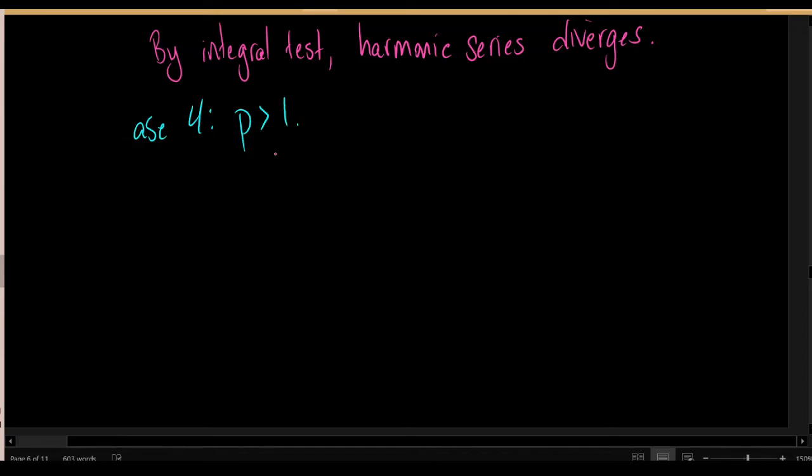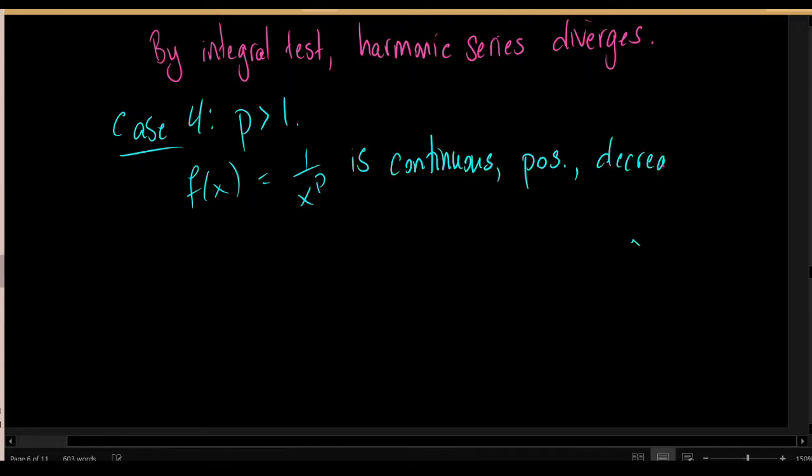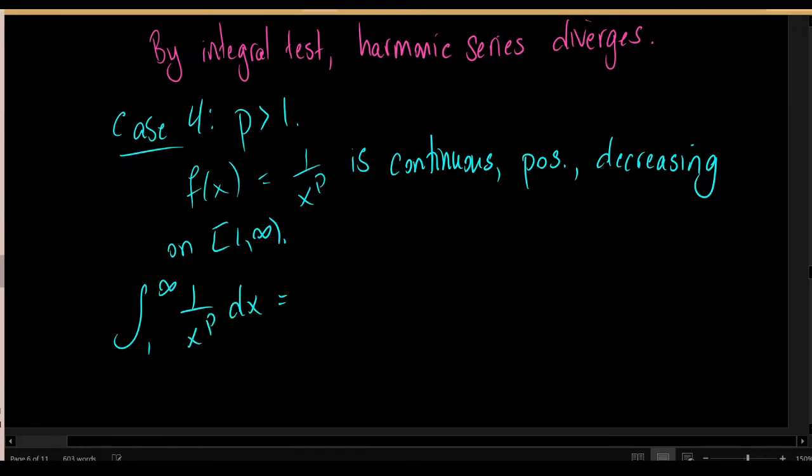Now in this case as well, if I look at the formula for the terms in the sequence, we still have the conditions of integral test satisfied. The function is continuous, positive, and decreasing on 1 to infinity, and as before, we can confirm that using a graph. And as before, if you want to find the antiderivative of this quantity, then just as in case number 2, you can use the power rule.